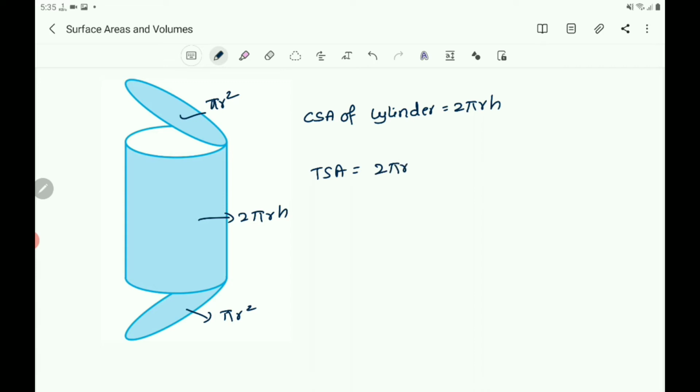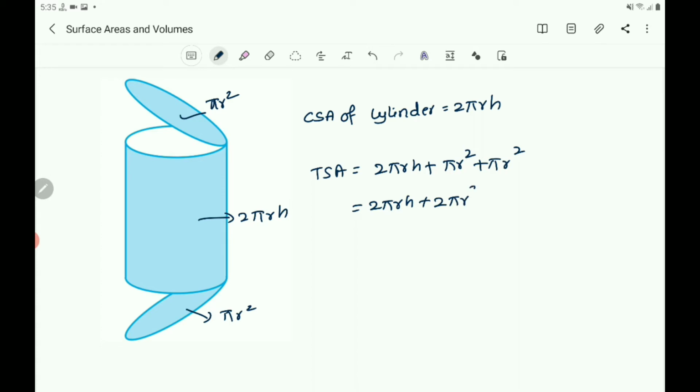Total surface area equals 2 pi r h plus pi r square for one base plus pi r square for the other base, that equals 2 pi r h plus 2 pi r square.